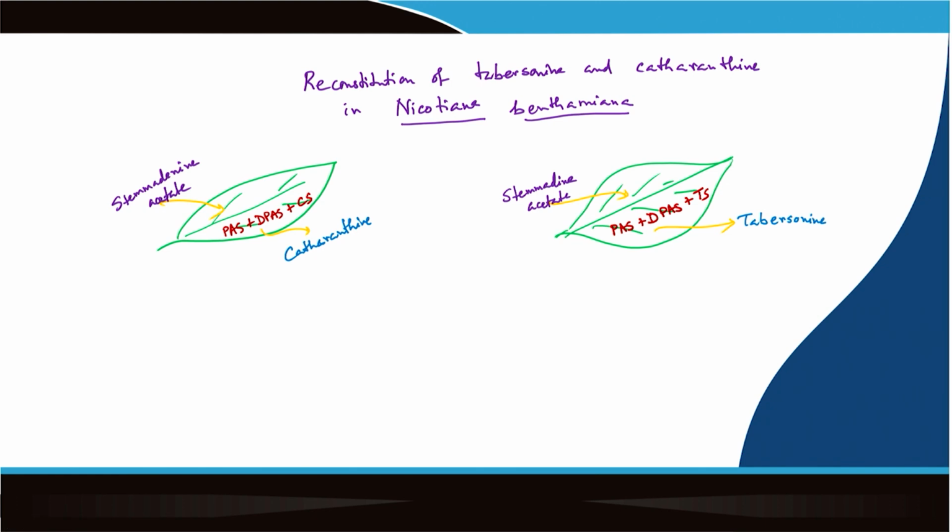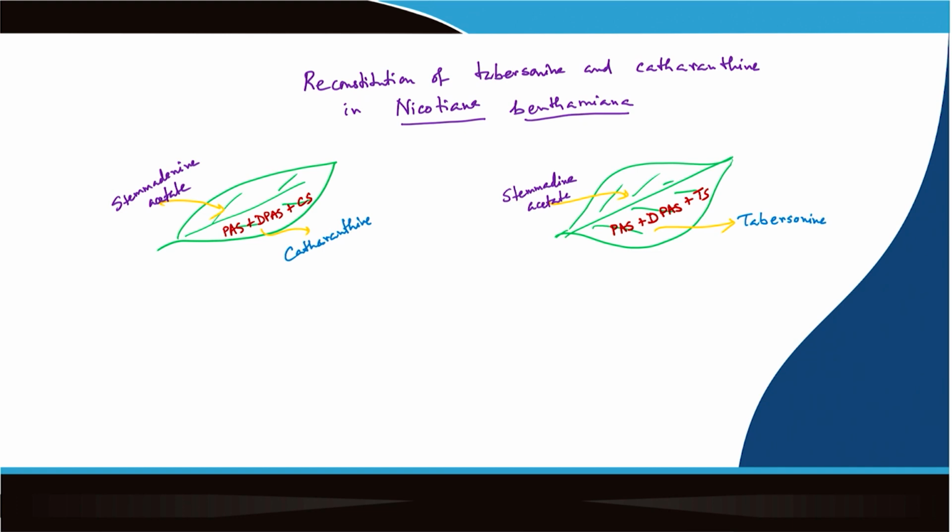So, through this they have confirmed that indeed these are the missing enzymes of the pathway, and this is the best way to confirm the function of the newly discovered gene in a heterologous system.